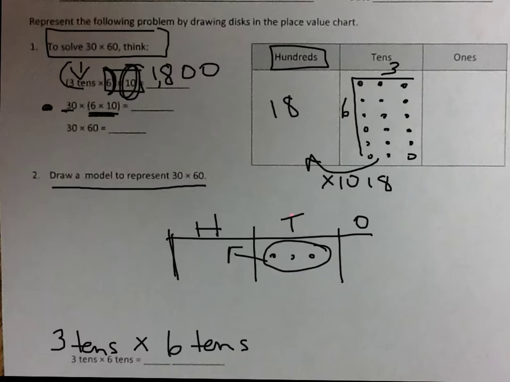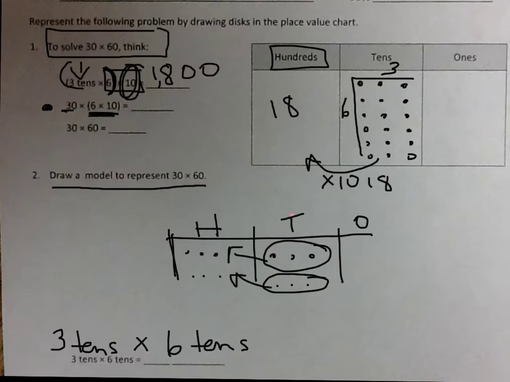Okay, so I've just drawn 3 tens, and I've moved it over because I'm doing that times 10. Remember, anything times 10, we move over. So now we have 3 tens over here. How many times am I going to do that? I'm going to do it 6 different times. So here's another 3 tens. I'm going to move it over here, right?